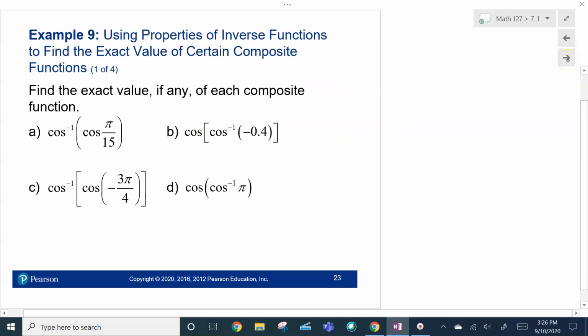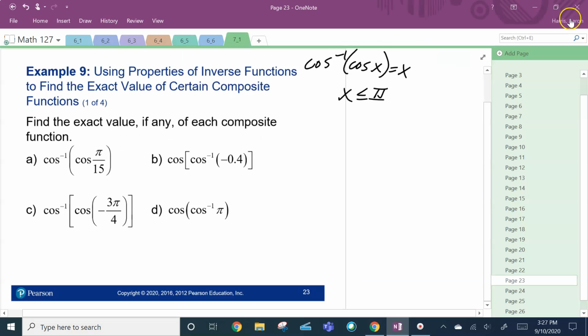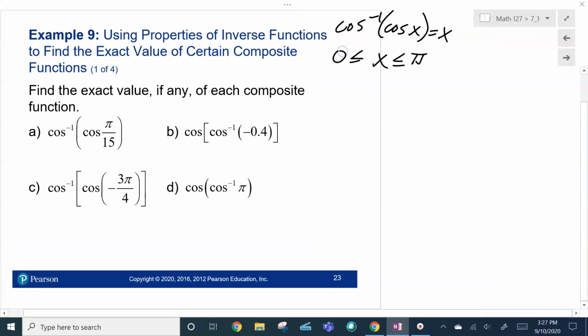So let's do some here. We have the arc cosine of the cosine of pi 15ths. So the arc cosine of the cosine of x is x when x is less than or equal to pi and greater than or equal to 0.